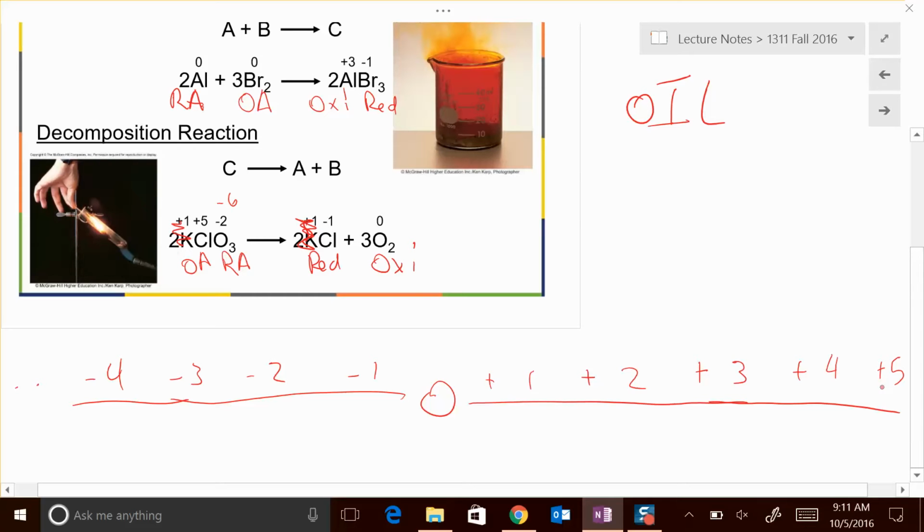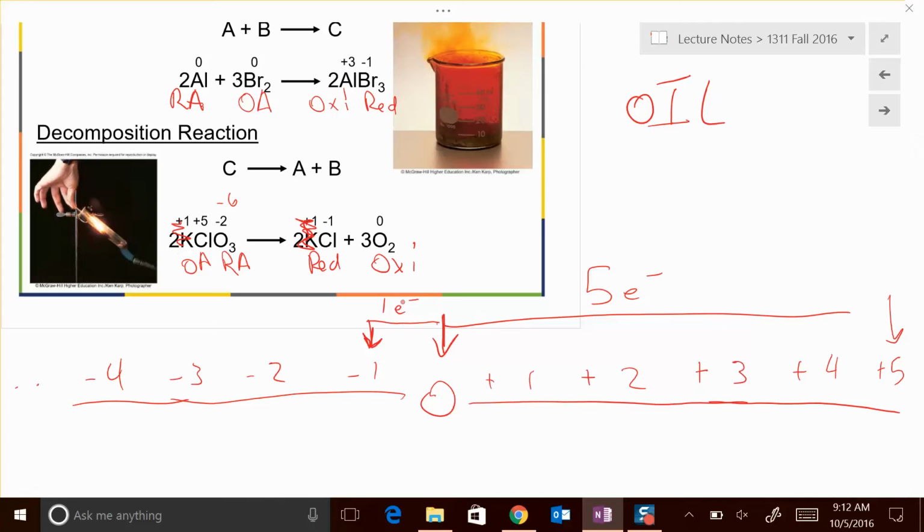Chlorine started right here. It had to gain 5 electrons to get to 0, right? So that's 5 electrons that it gained. Now it has to gain 1 more to get to -1. So that's 6 electrons overall, right? That's how it went from +5 to -1.